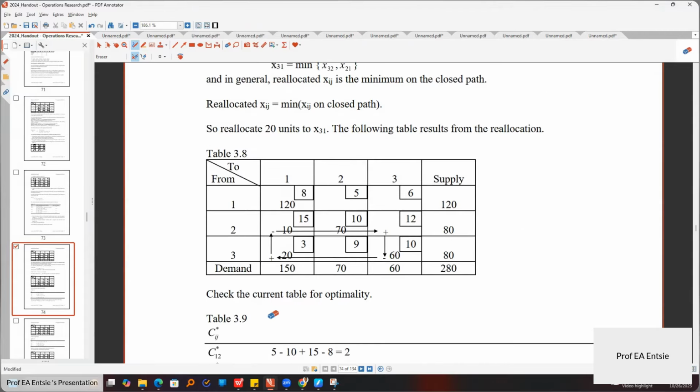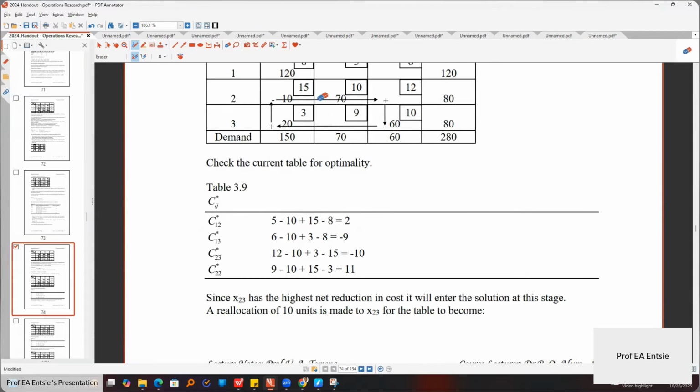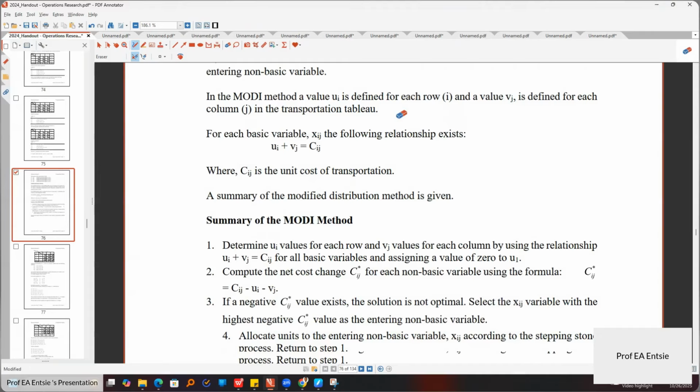So I want to see whether there are some examples in the handout and in the assignment.